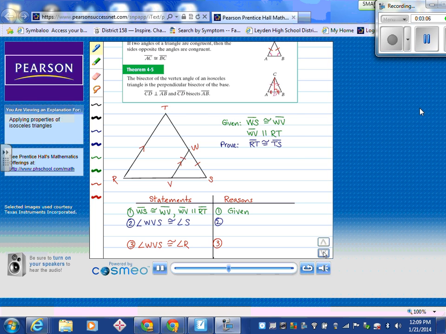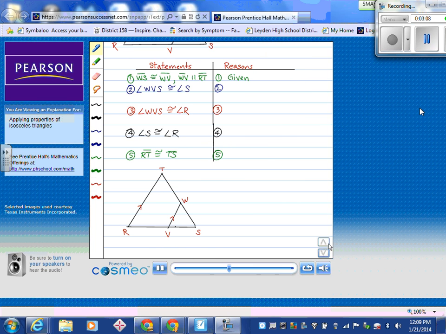I'm going to scroll down, and hopefully we can keep, there we go. I've reproduced the diagram for you so that you can have the statements, reasons, and diagram together on the same computer screen. Once again, I've just rewritten the given information. WS is congruent to WV, so I'll show that in this diagram as well.